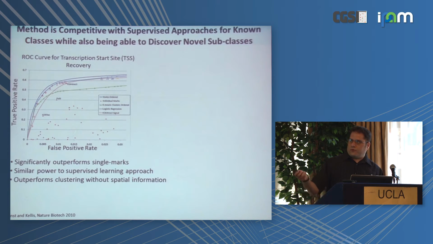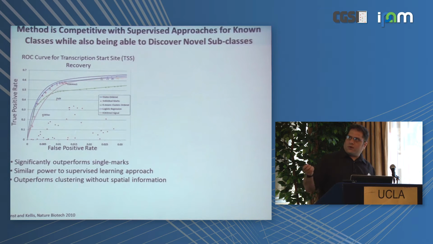And we tried to do quantitative evaluations of this modeling approach. So one thing we took advantage of is there are certain classes of elements which are well annotated in the genome, such as transcription start sites. So we could ask, how well do we recover annotated transcription start sites compared to if we just use individual marks, or if we trained a supervised classifier to predict them, or if we did a clustering method which ignored the spatial information.